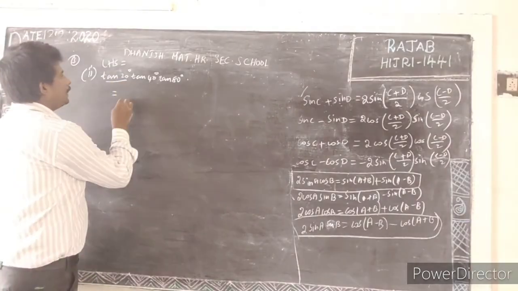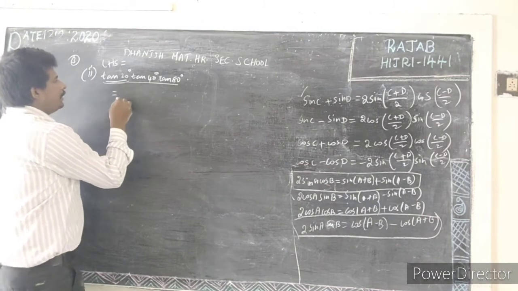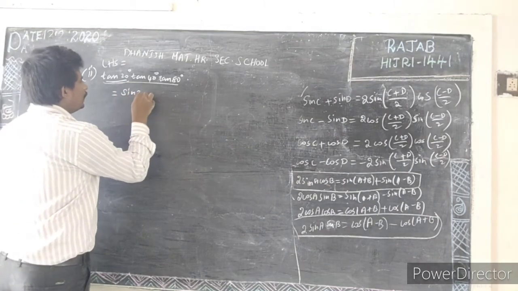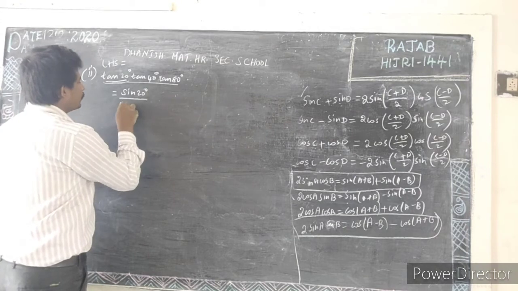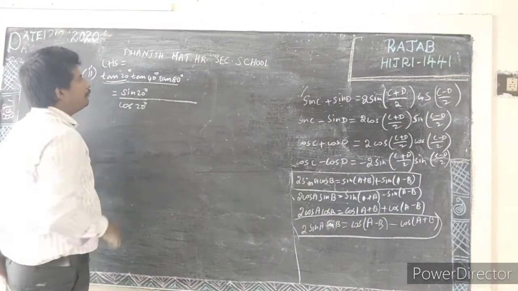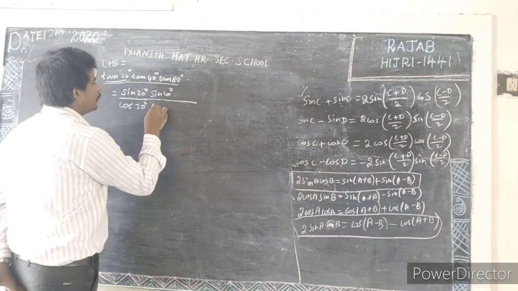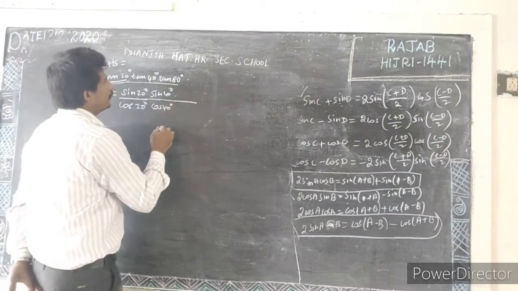We are going to rewrite this term as tan 20 degree can be written as sin 20 degree divided by cos 20 degree, into tan 40 degree can be written as sin 40 degree divided by cos 40 degree.